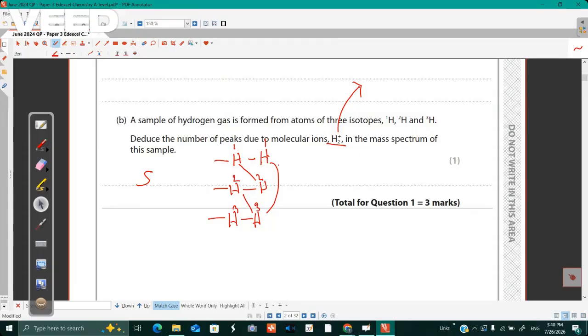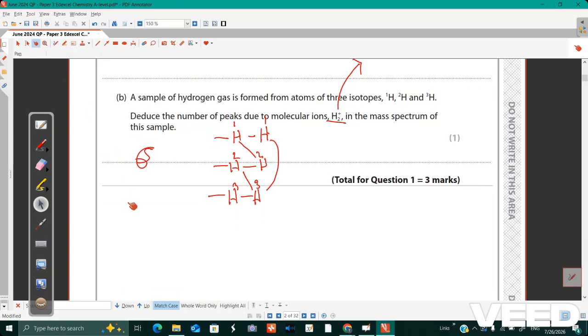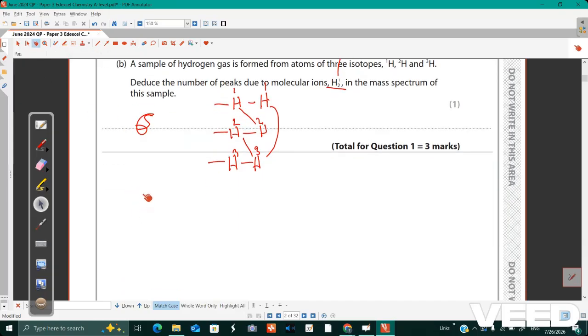What is the answer you got here for this one? Oh, she just left. Right. So altogether there are 1, 2, 3, 4, 5 and 6. Shall we move on to the next one?